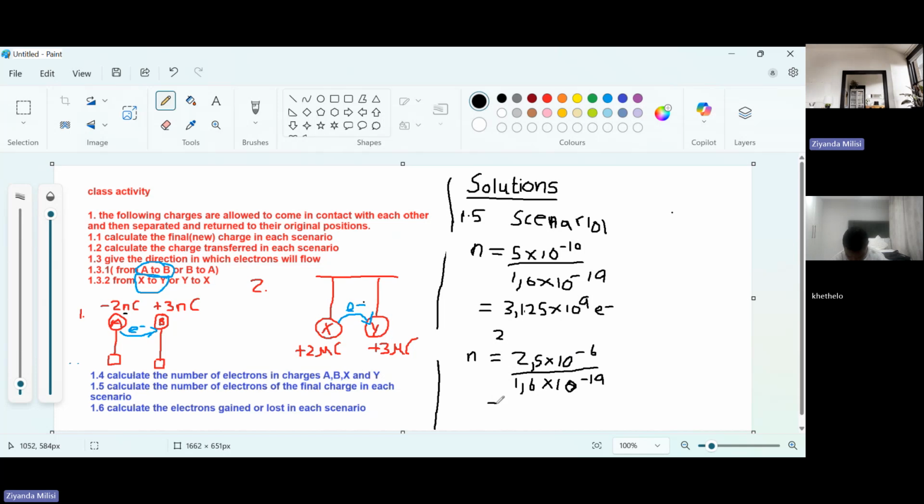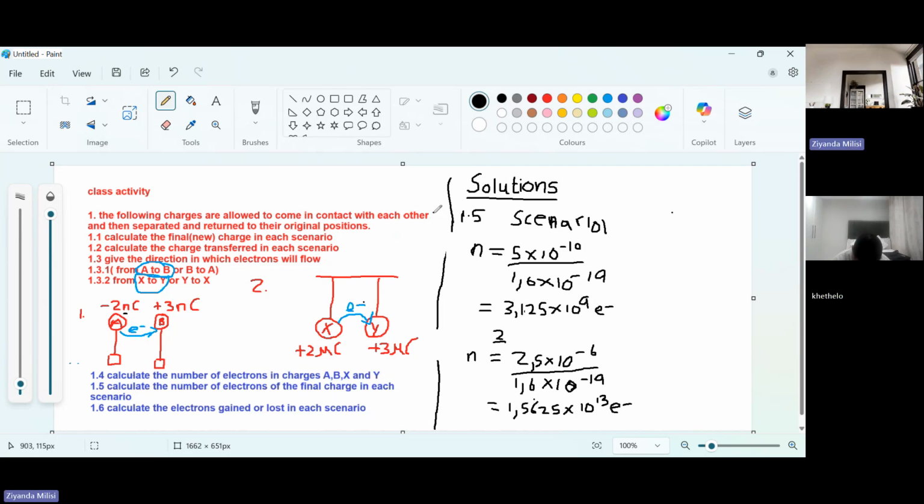And what is the answer? 1.5625 times 10 to the power of 13 electrons.